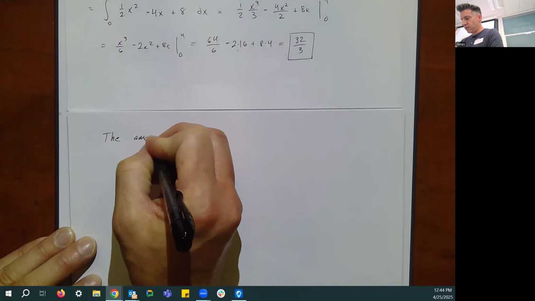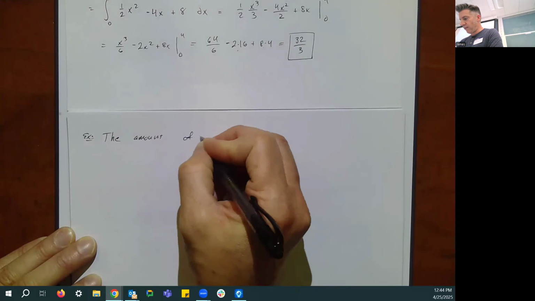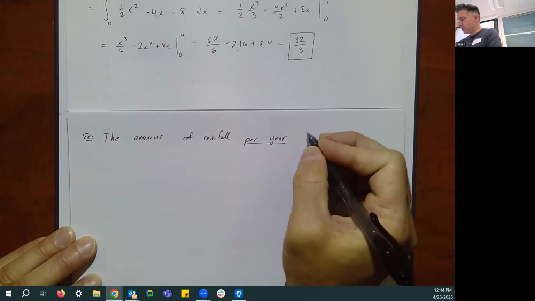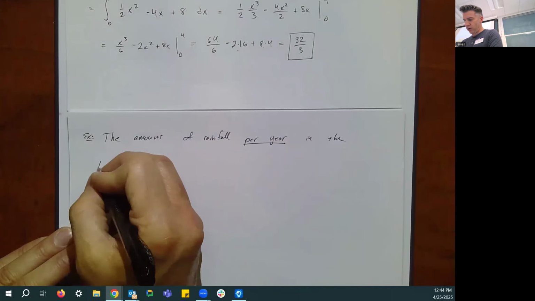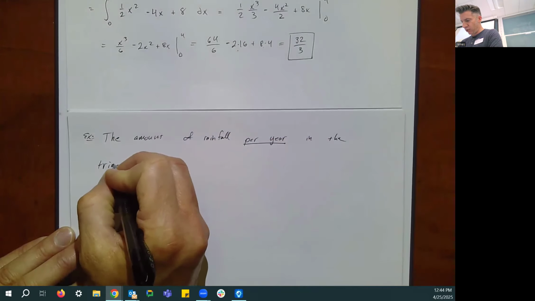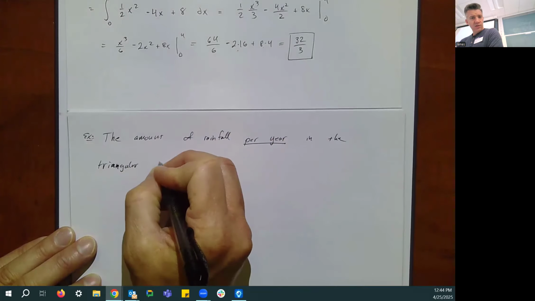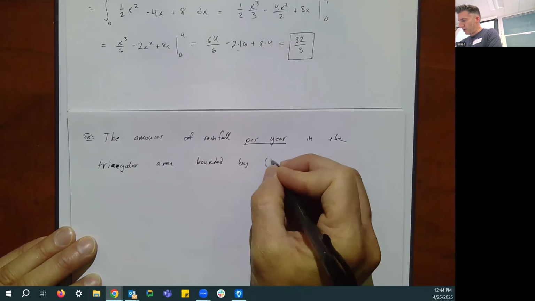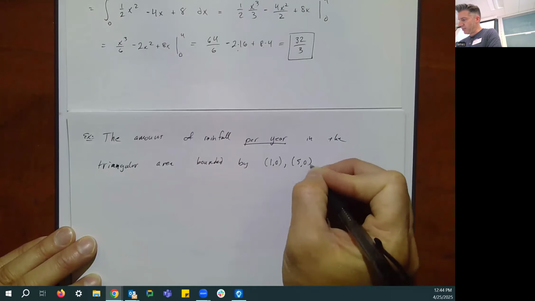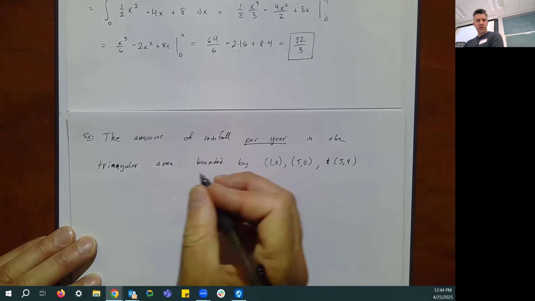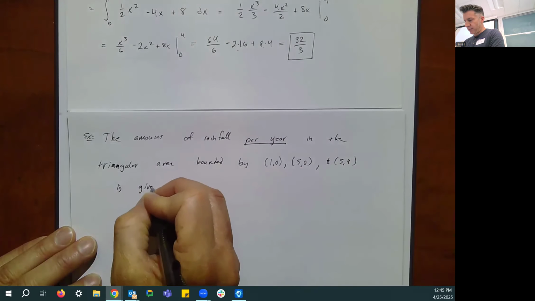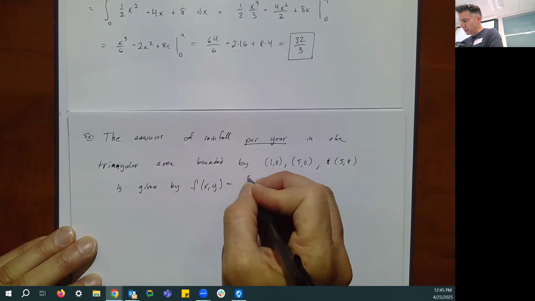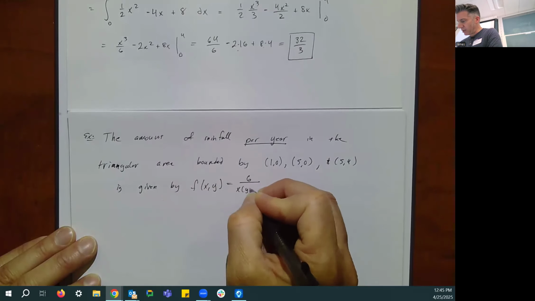The amount of rainfall per year in the triangular area bounded by the points (1, 0), (5, 0), and (5, 4) is given by f of x, y equal to 6 divided by x times y plus 1 inches.